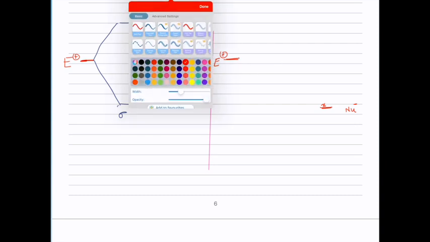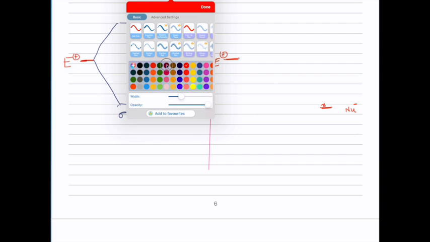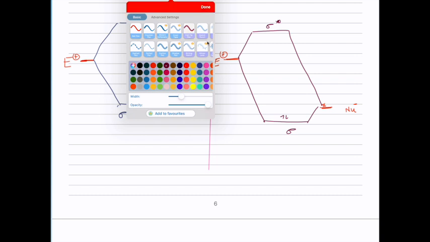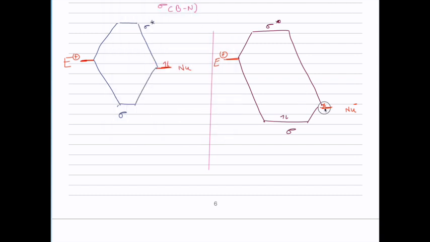When we make the molecular orbital, it will look like this. The energy of the nucleophile does not decrease much. This is the sigma bond and this is sigma star. In such a case, there is not much release of energy. The energy release is very small.